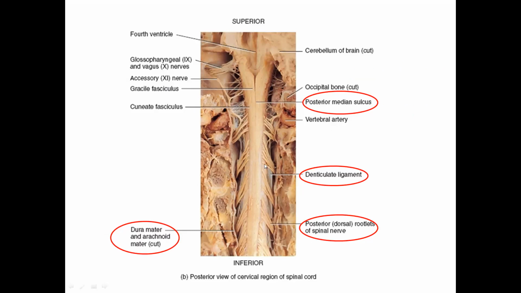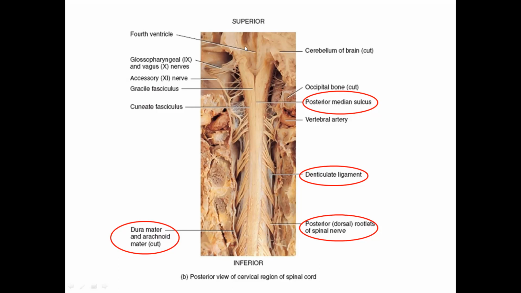You can see those rootlets coming from each of the segments, and this is called the denticulate ligament, as I told you, formed by the pia mater, and then outside you have the dura mater, and lining the inner surface of the dura mater you have the arachnoid mater.